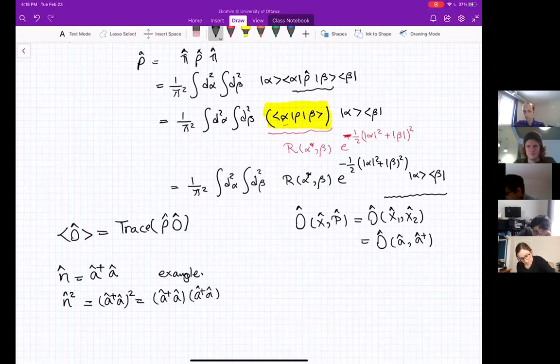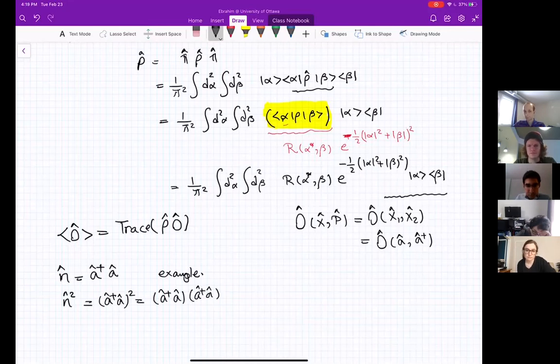Can I calculate this easily? No, right? Because in the coherent basis I have to have all the A's on the right side and all the A daggers on the left side, because that's easy for the calculation.